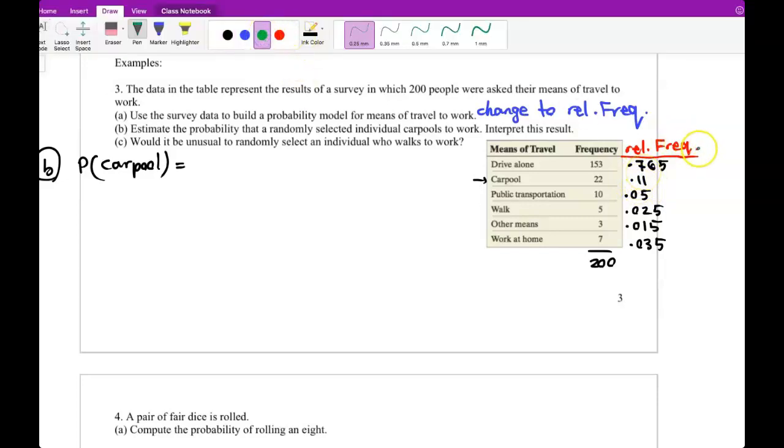In other words, this column is what I have for probability.